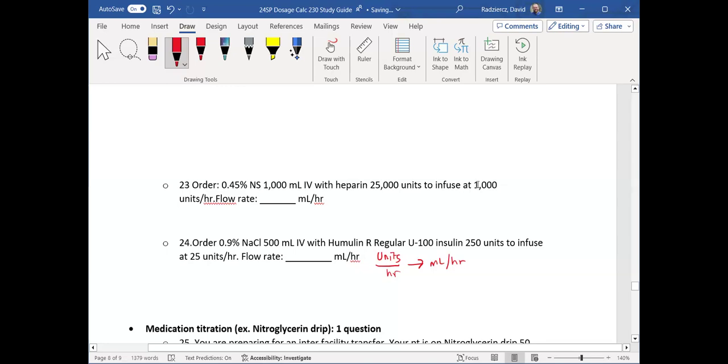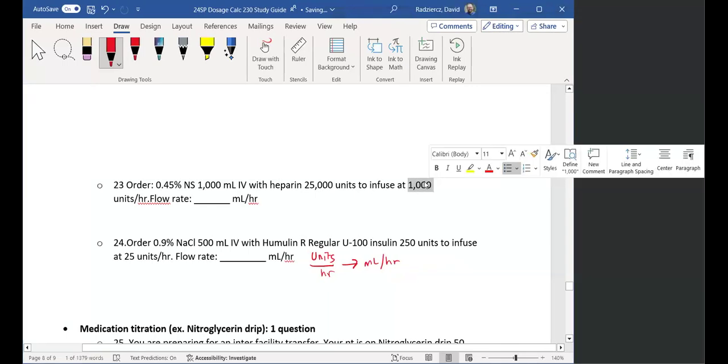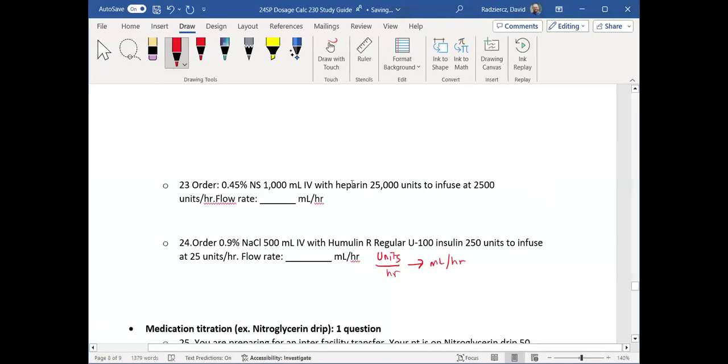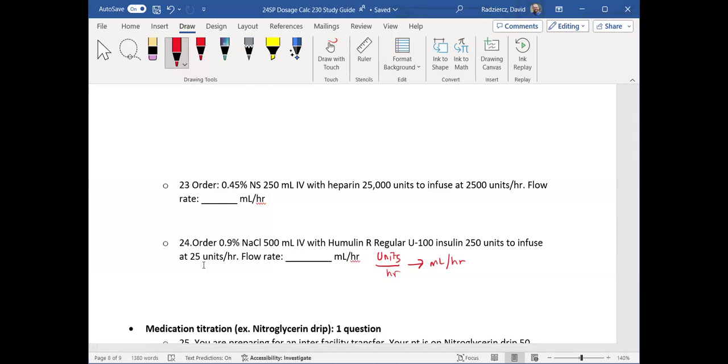I'll change the number on this too, just so when you come back to it, you can try something different. So go ahead and try 24 and let me know what you get. And then I'm going to double check.